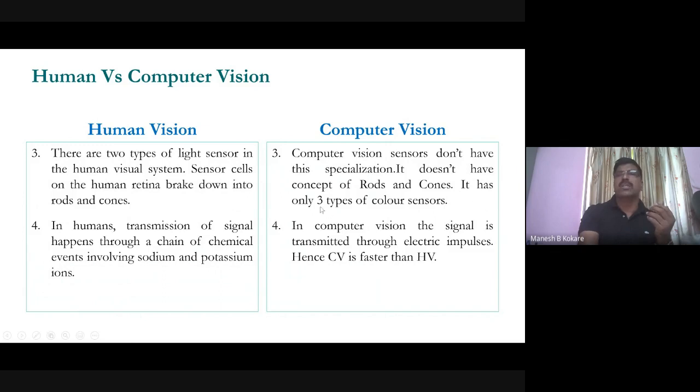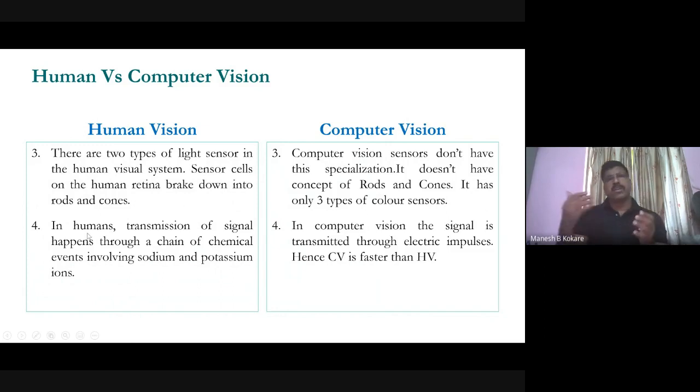It has only three types of color sensors: red, green, and blue. So in human vision there are two types of sensors, whereas here only one type of sensor is there, and that is nothing but the cones. I'll say these three color sensors are like cones. So that is the third difference between the human vision system and the computer vision system.